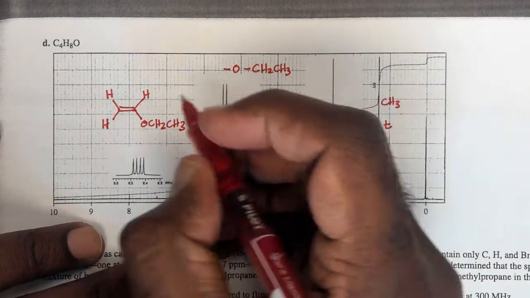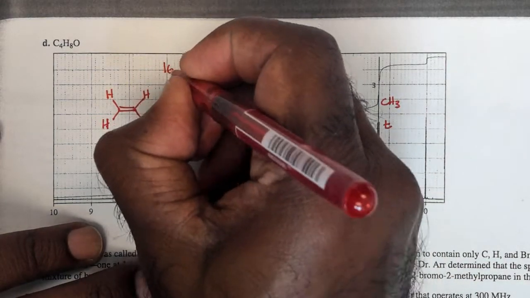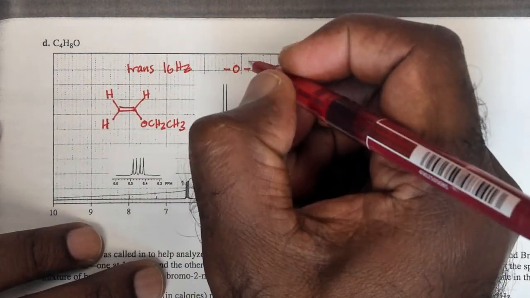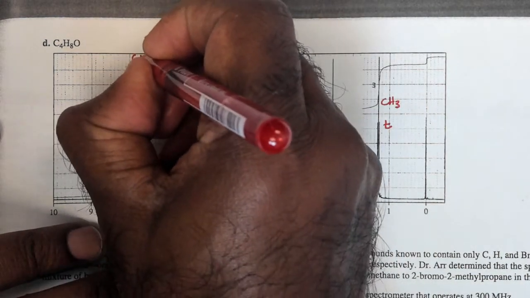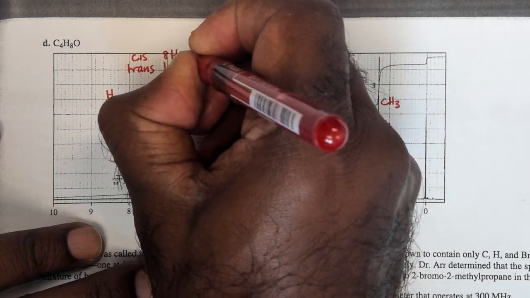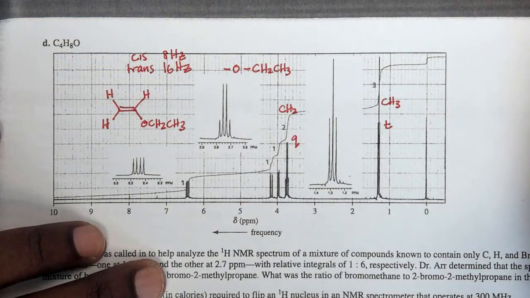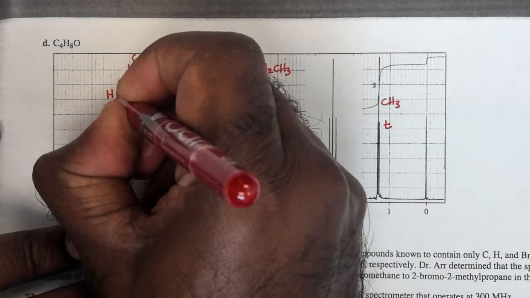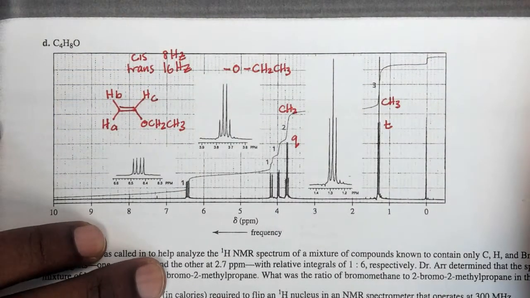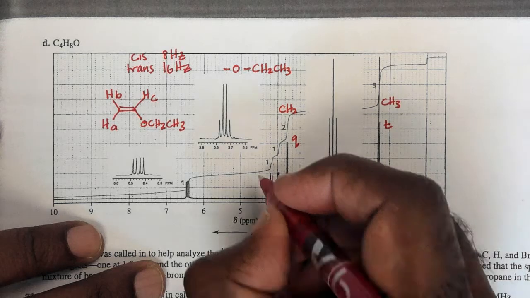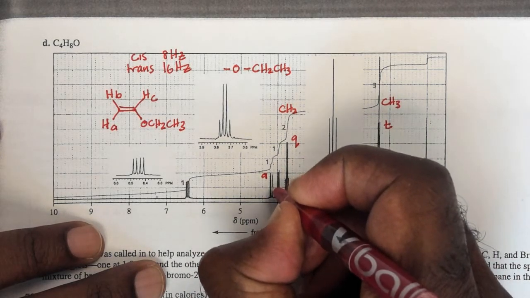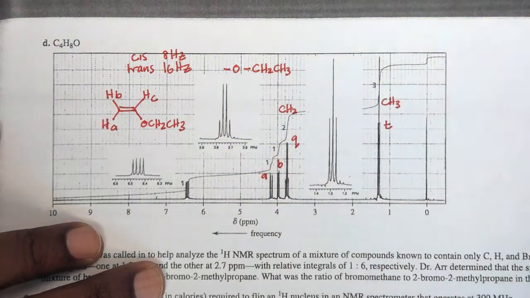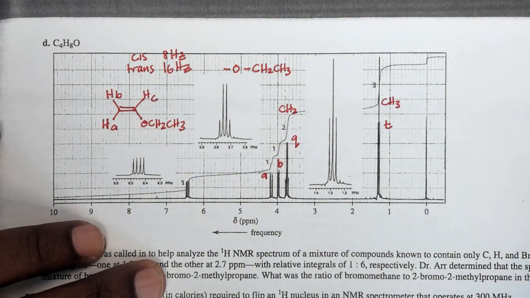Your trans coupling, I said, is normally 16 Hertz, and your cis coupling is normally around 8 Hertz. So if I label these as A, B, and C, your A proton would be this one with a larger coupling constant, and the B would be this one with a smaller coupling constant.